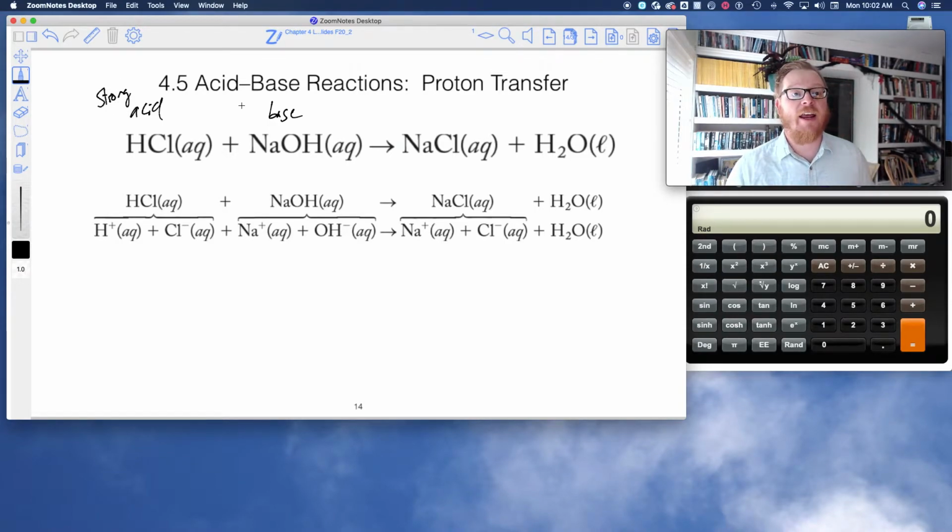As it turns out, NaOH is a strong base. Water is not a strong base, okay, but NaOH is. And what makes NaOH a strong base is given by this picture right here, that when dissolved, sodium hydroxide will completely ionize into sodium plus and hydroxide, OH minus, okay?